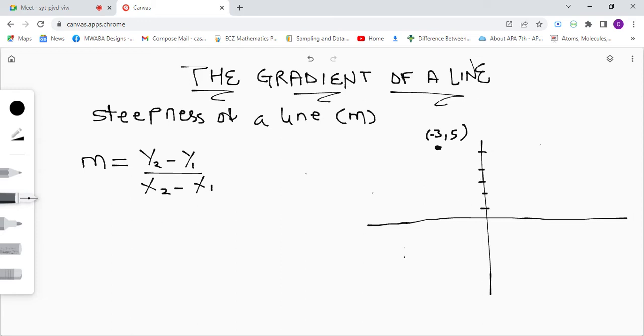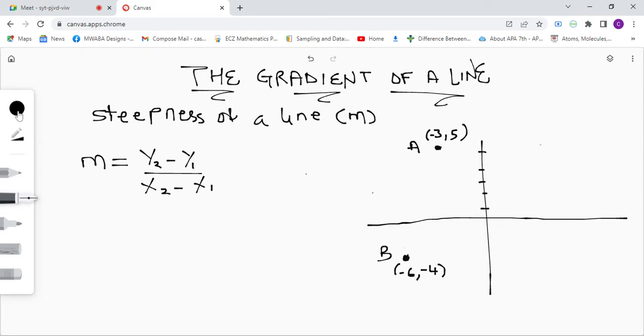Here we just want to focus on the steepness of lines. Let's say we have a point here, -6 and -4. We'll call this point A, and we call this point B.